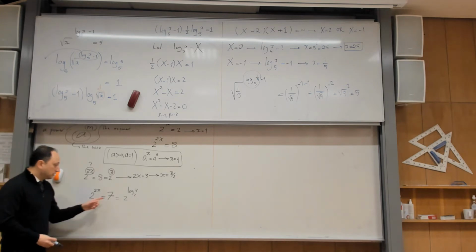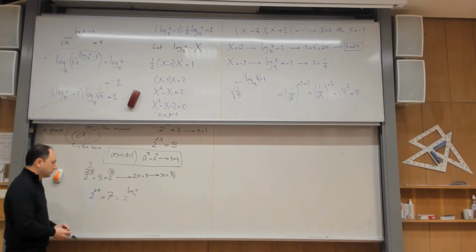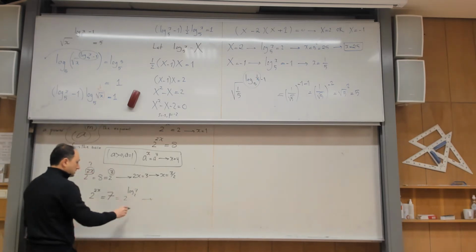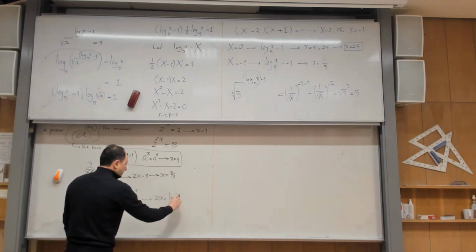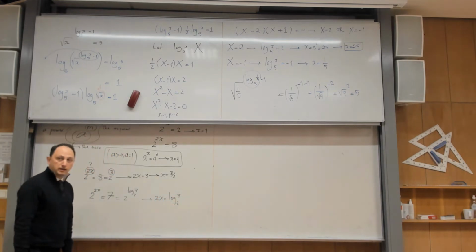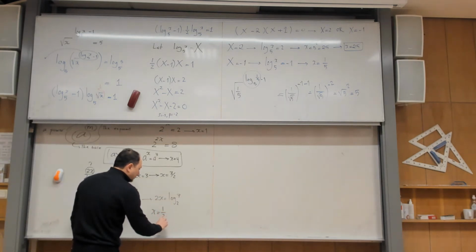So any number can be written in any base that you like. This means that 2 to the power of 2x is equal to this. It means that 2x is what? Log of 7 to the base 2. And then you are looking for x, so x is 1/2 of this number.